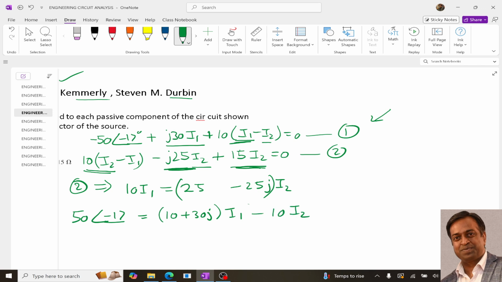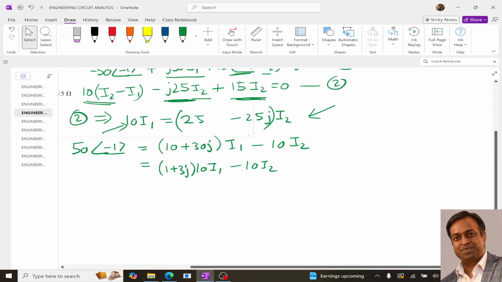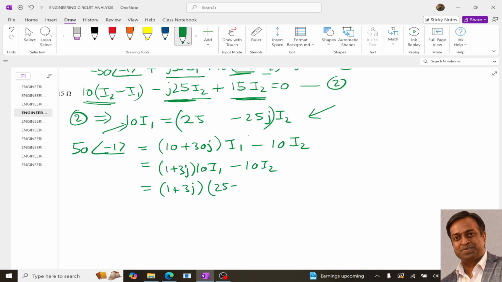This can further be written as (1 plus j3) times 10 I1 minus 10 I2. Now substituting the value of 10 I1, which is (25 minus j25) I2, we get (1 plus j3)(25 minus j25) I2 minus 10 I2.